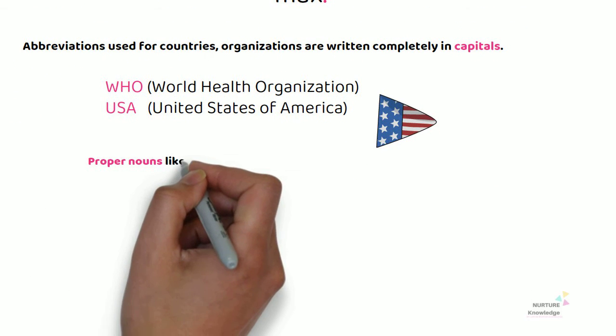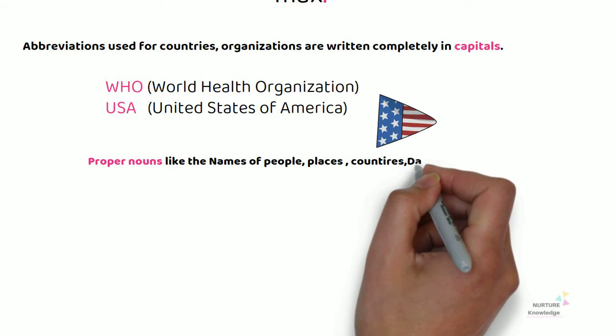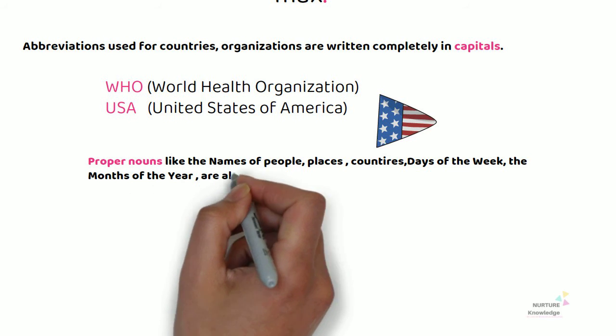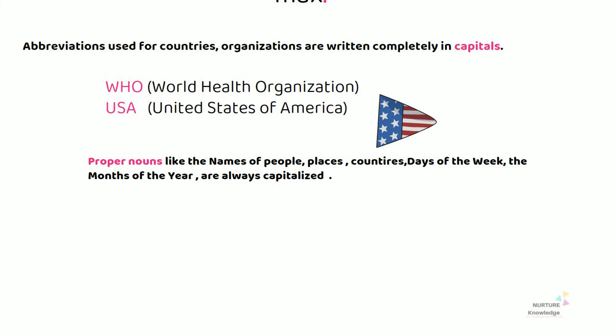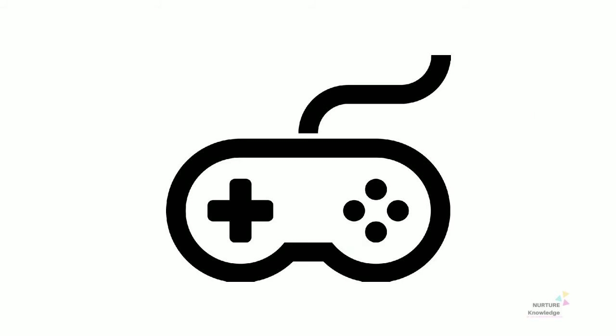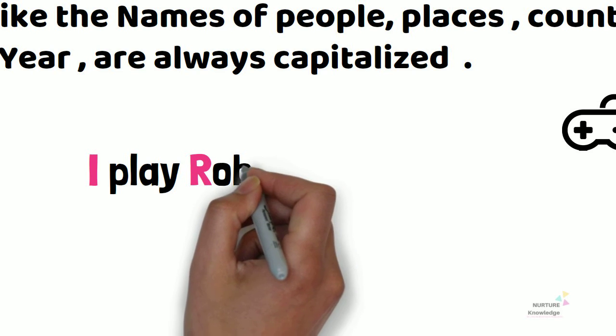Then, proper nouns like the names of people, places, countries, days of the week, months of the year are also written with capital letters. I play Roblox on Saturday.